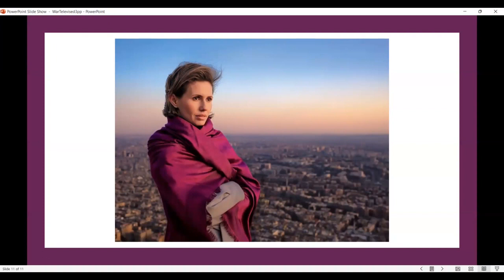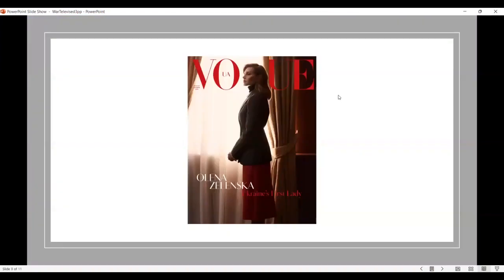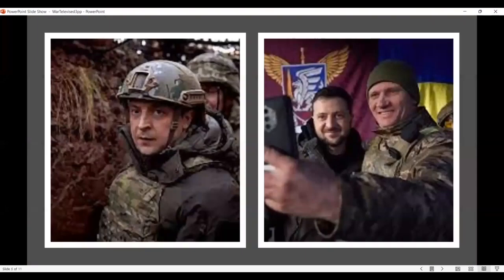And she's, of course, much hated as well. The important thing here is that she was also invited to pose for Vogue. So I'm sort of juxtaposing the two Vogue appearances. But I will go back just for the moment to a slide such as this.